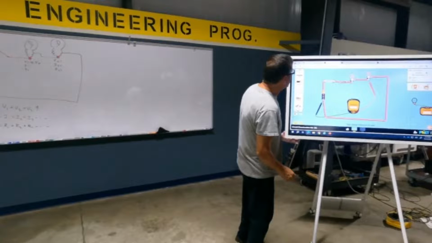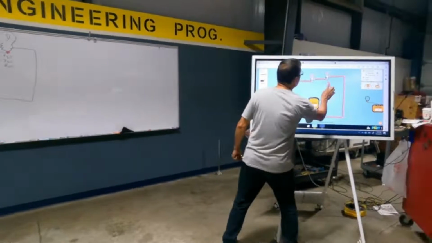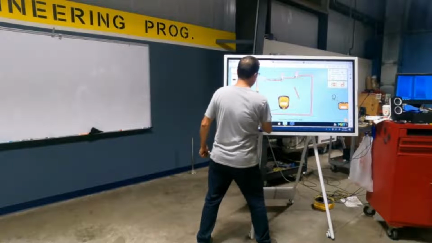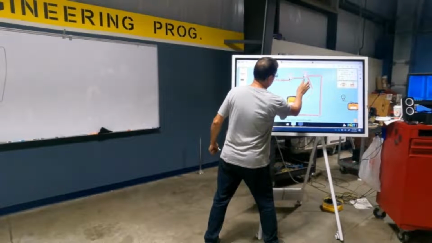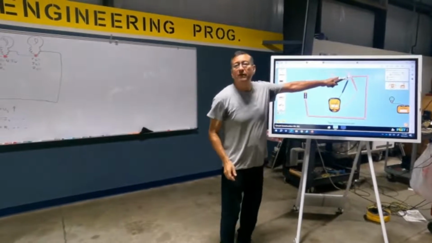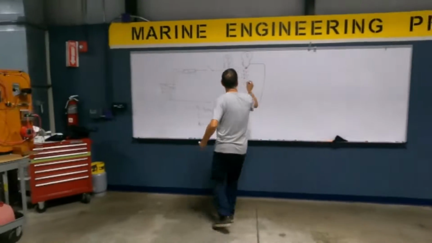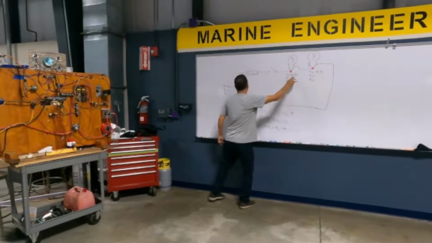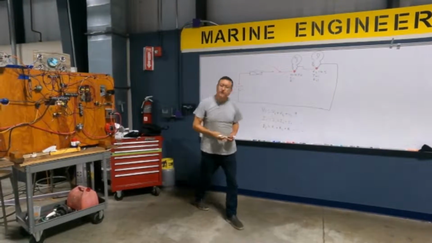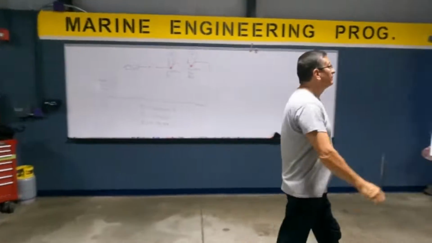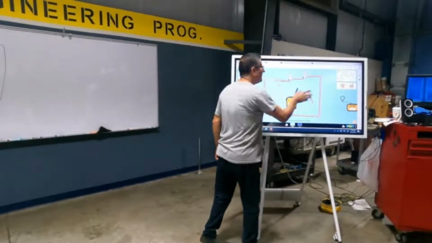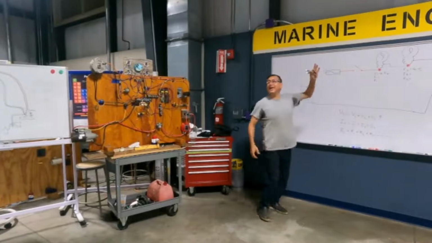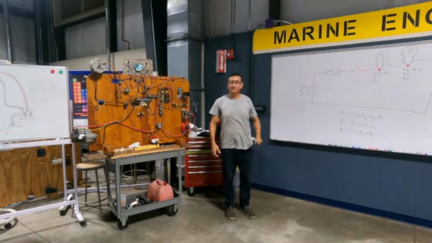Let me check how much the voltage is exclusively in the second one. Another 4.5. Yeah, 4.5 plus 4.5 is 9. Perfect, that's true. You like that? It's nice, huh? Okay, this is in series.